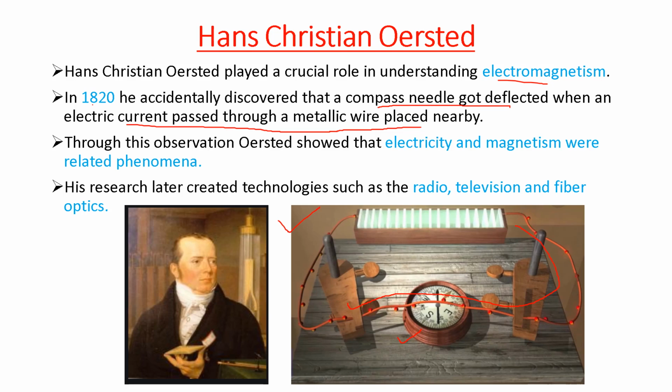And here, because no other magnet was present, he discovered that electricity and magnetism were related phenomena, or the wire was behaving as a magnet. His research later created technologies like radio, television and fiber optics. So he played a very important role in the field of electromagnetism.